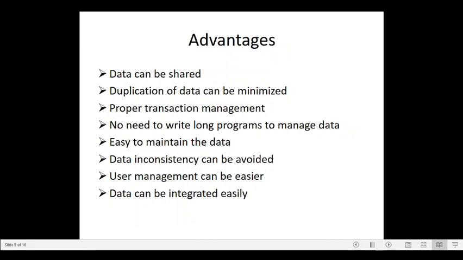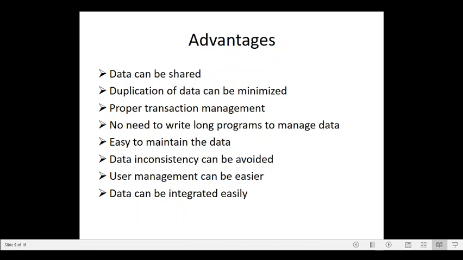Database management system also provides short-run programs instead of writing long-run programs. So by writing a simple single-line command using a structured query language, it is easier to give commands to the database management system.